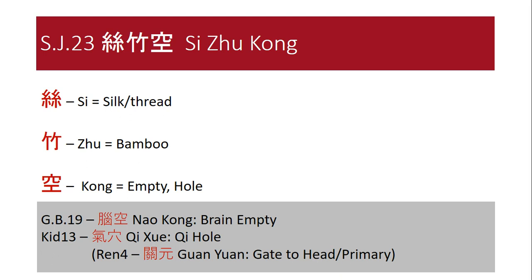Yuan is a pictograph of a head, the 2 top lines over the feet, therefore primary or head. So there seems to be a connection that was left in the name of Sanjiao 23, pointing us towards the brain, a connection we can all recognize if we press on the depression at the edge of the eyebrow.